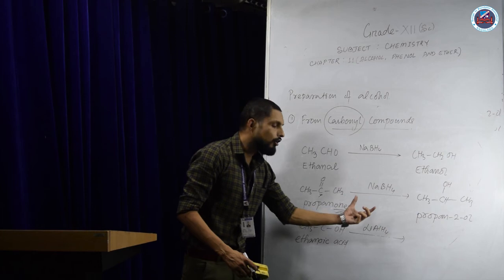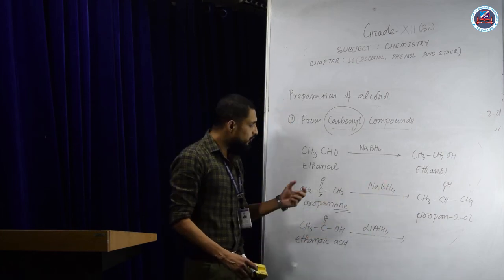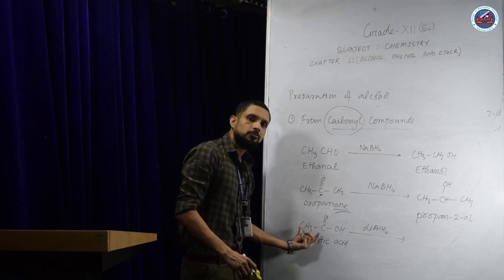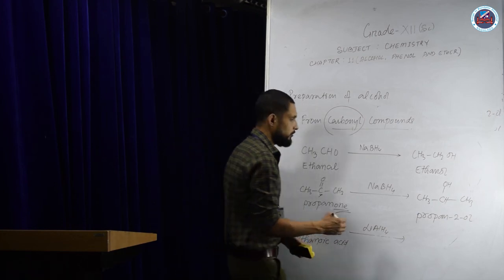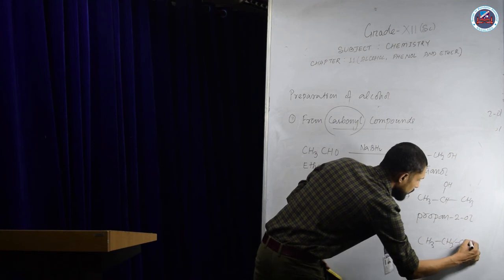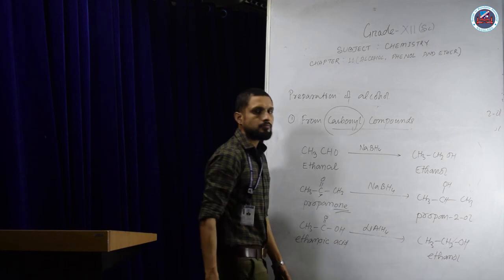If it undergoes reduction, it will form an alcohol with the same number of carbon atoms. So you have two carbon atoms here, so it will form an alcohol with two carbon atoms. So it's CH3, CH2, OH. The name of this compound is ethanol.